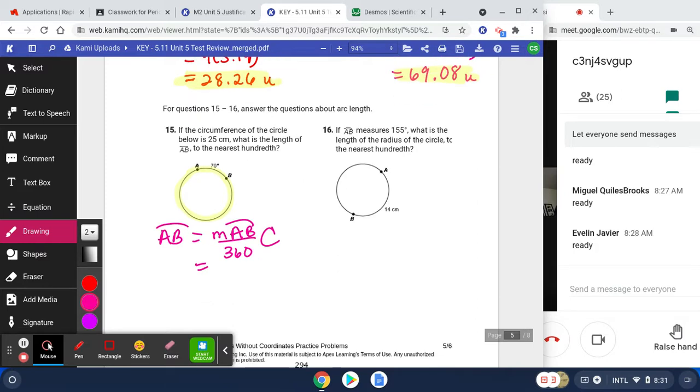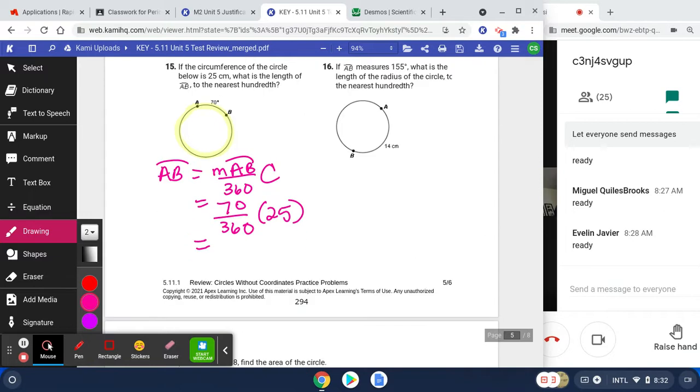So it's going to be 70 out of 360 of the whole circumference. So we do 70 divided by 360 times 25. And remember that the circumference and arc length are all just in U for units.